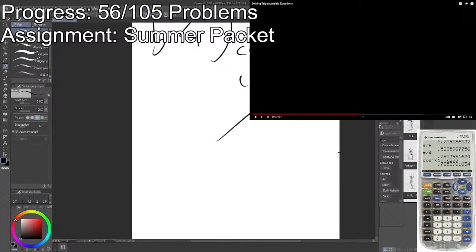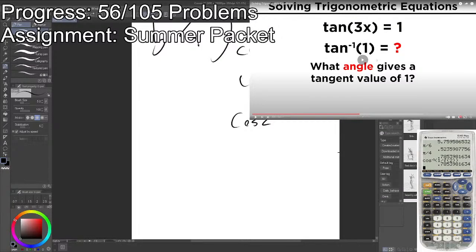There's only one pi over 4 and like, it's 45 degrees, obviously. Wait, I'm getting ahead of myself. Let's see what he does.